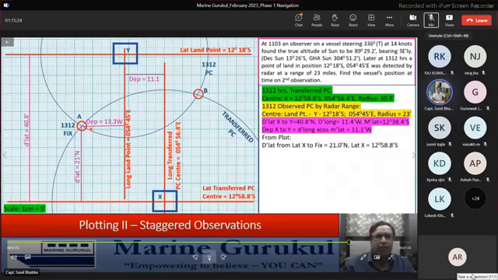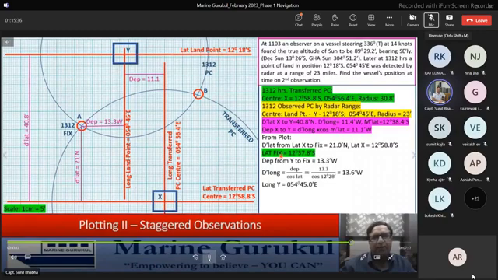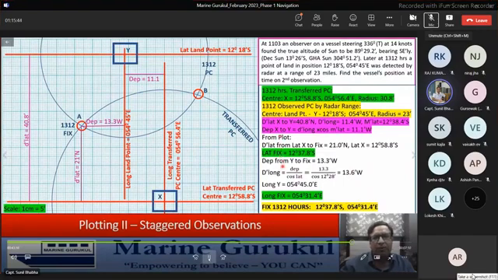We can use plane and parallel sailing formula and use the coordinates of the reference points from where the measurement of DLAT and departure has been done, and we can then apply them here, and when we convert the departure into D long and apply, you can see the working on the screen, and it eventually gives us the fix at 1312 as 12 degrees 37.8 minutes south and 54 degrees 31.4 minutes east.